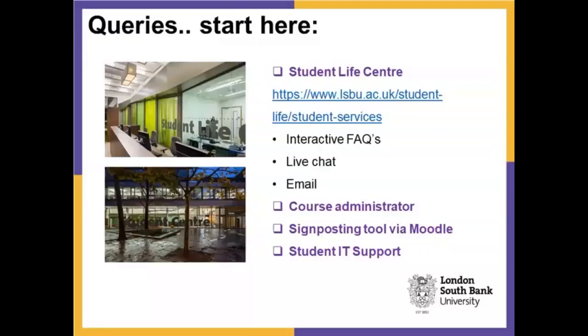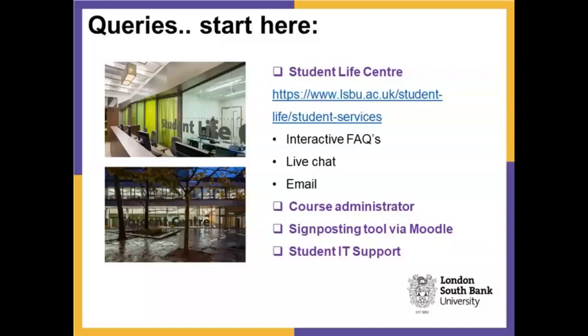You can make an appointment to speak to an advisor, or you can use the online chat or the email function. Anything to do with your course, however, you should really contact your course administrator or your course director.